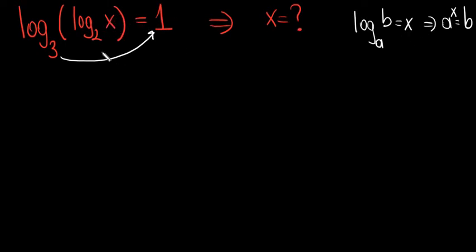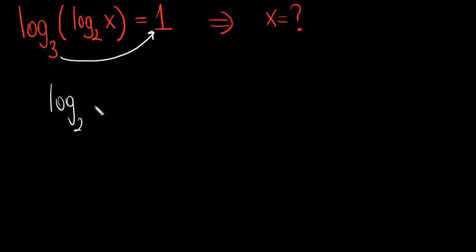Just be careful. So, alright, let's just start solving this example. We're going to find the value of x. So 3 to the power of 1 is going to be equal to this expression. So log base 2 of x is going to be equal to 3 to the power of 1.